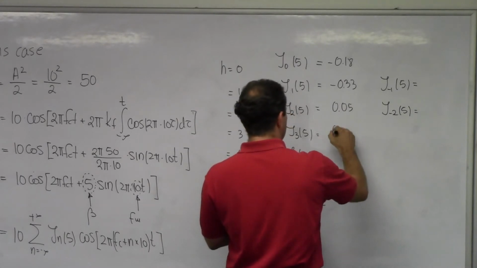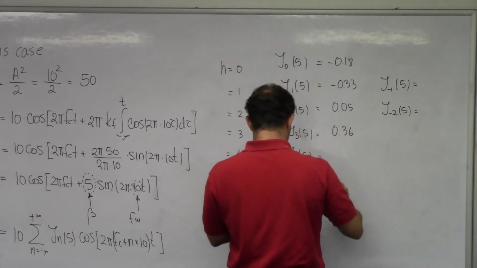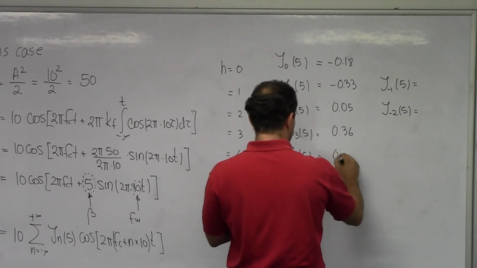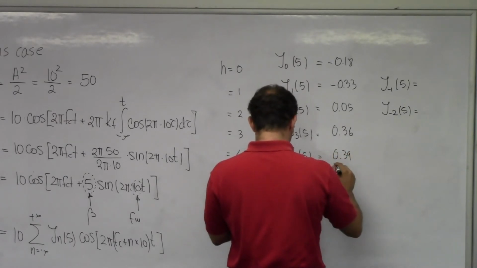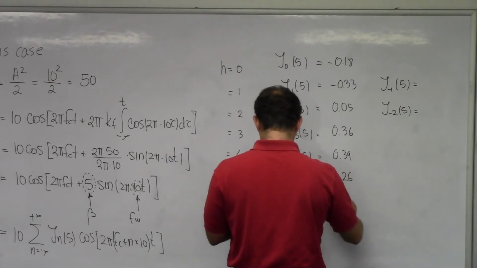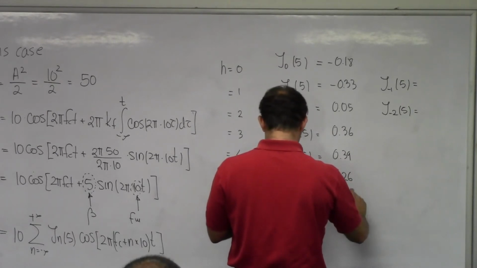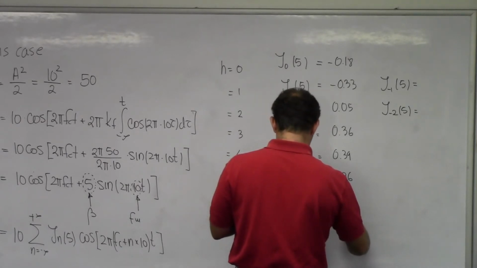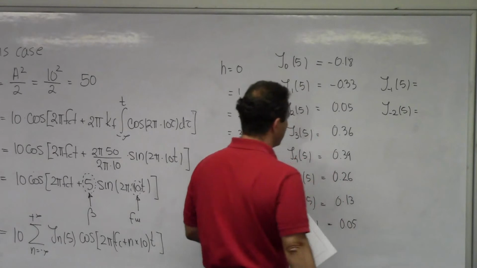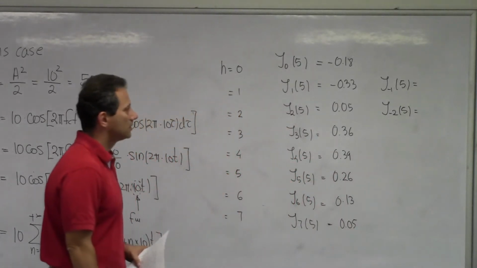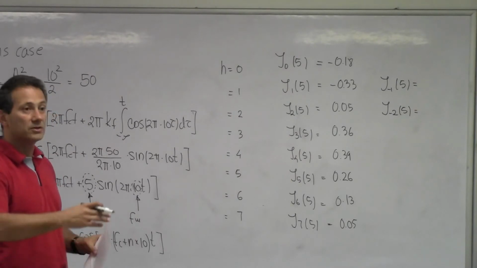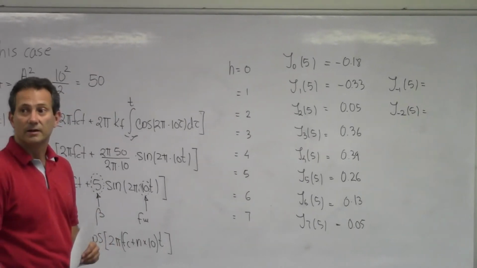J3 of 5, 0.36. J4 of 5, 0.39. J5 of 5, 0.26. J6 of 5, 0.13. And J7 of 5, 0.05. Okay? So these are the magnitudes of all the sinusoidal components at multiples of the tone frequency above the carrier frequency.